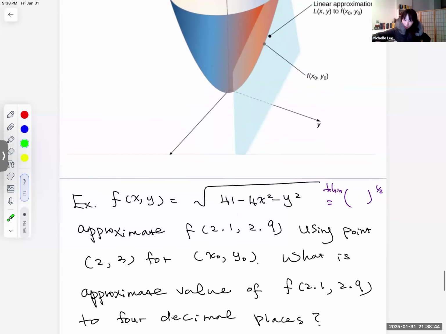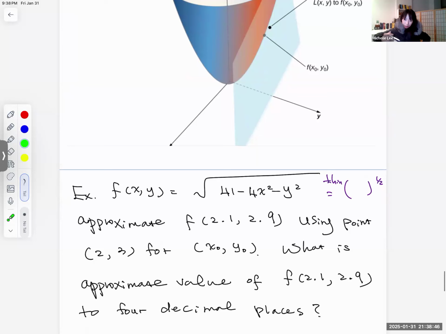Okay, now, we have the function. We want to approximate 2.1, 2.9, and then using 2, 3 for x naught, y naught.